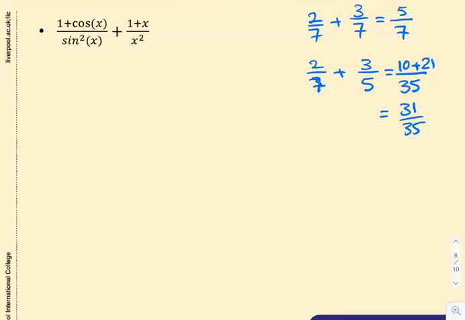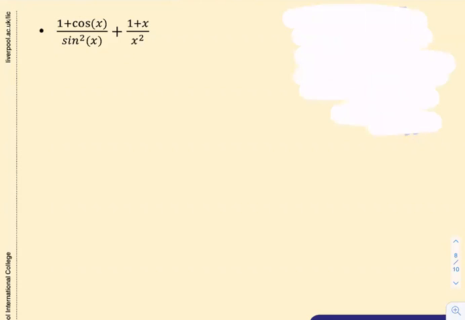We have different denominators here. So basically we need to find the common denominator for them. And the common denominator, if you guessed it before I say it, is x squared sine squared x. So that means I can write this as x squared sine squared x plus this x squared sine squared x, okay?